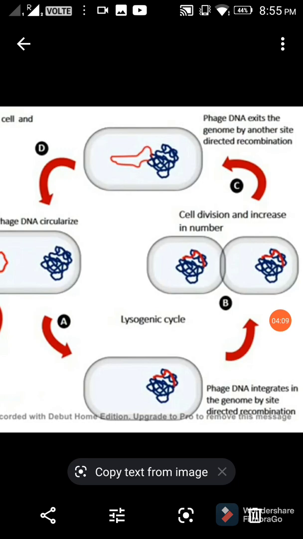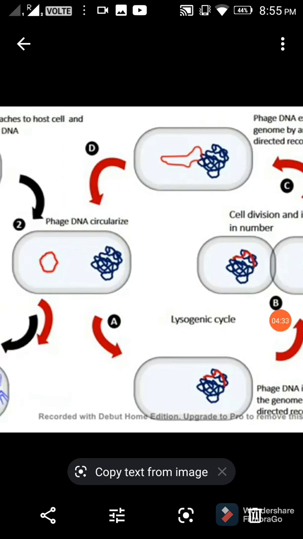Later on, the phage DNA exits the genome by a site-directed recombination process. Through this recombination, the genome of the virus gets separated from the genome of the bacteria. Then it can become circularized again.